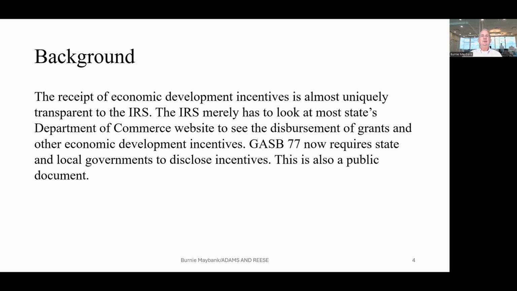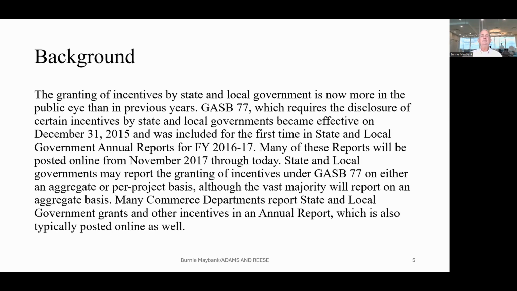So if the IRS ever wanted to really start tracking whether corporations and LLCs are paying taxes on incentives, it is almost uniquely easy for them to find that information. GASB 77 went into effect in 2017, so state and local governments are now required to report the incentives that they grant.